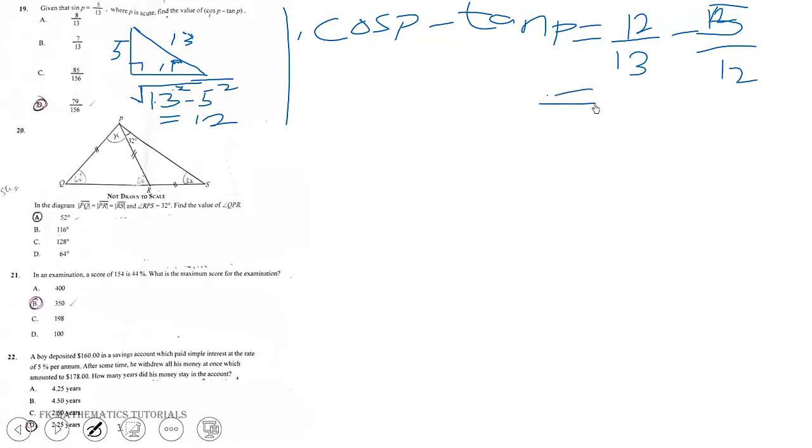And when you simplify this, you get 79 over 156. So the correct answer is this.